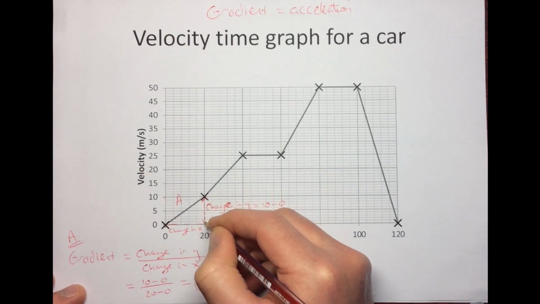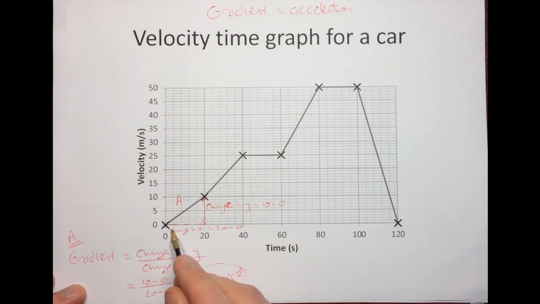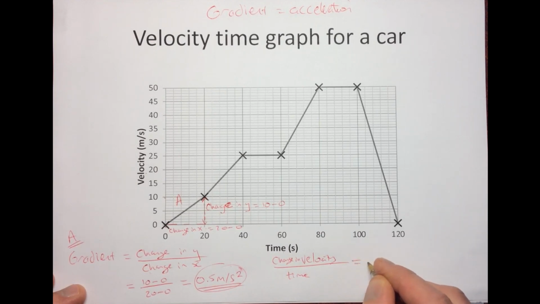Now, if you think about it, the change in the y value is the velocity, and the change in the x value is the time. So when we work out the gradient, we're doing the change in the velocity divided by the time. Change in velocity over time is equal to acceleration.